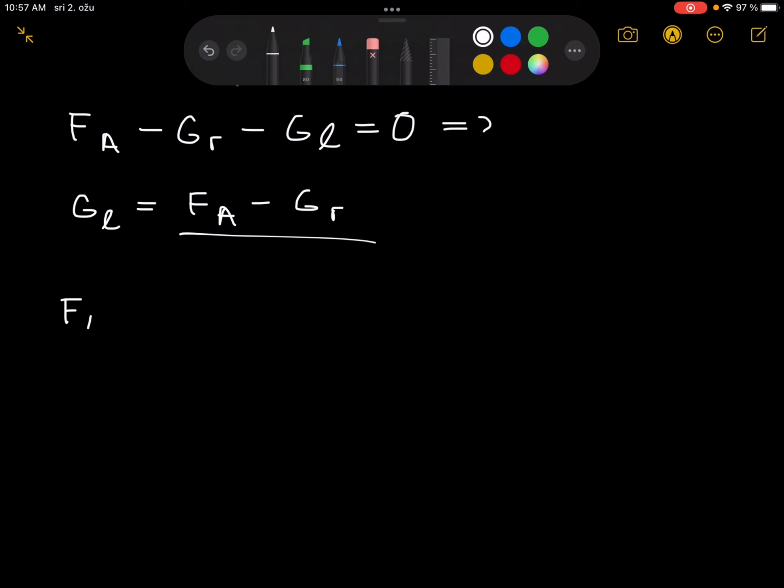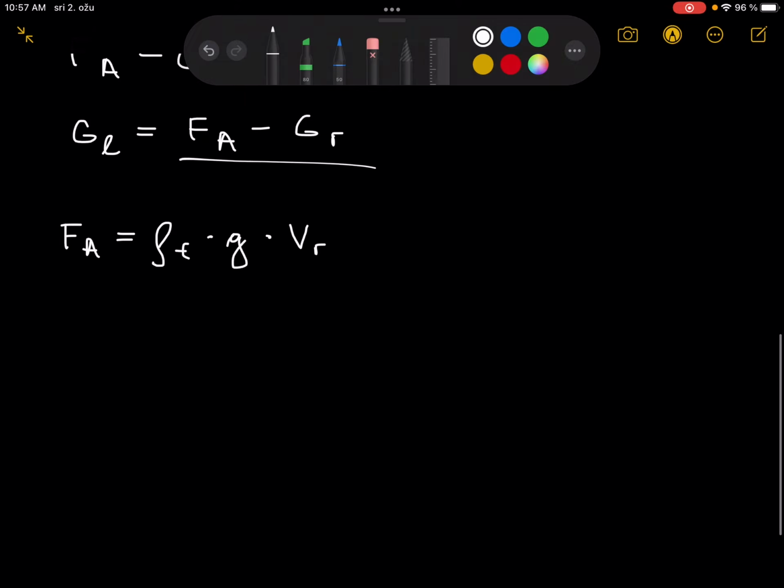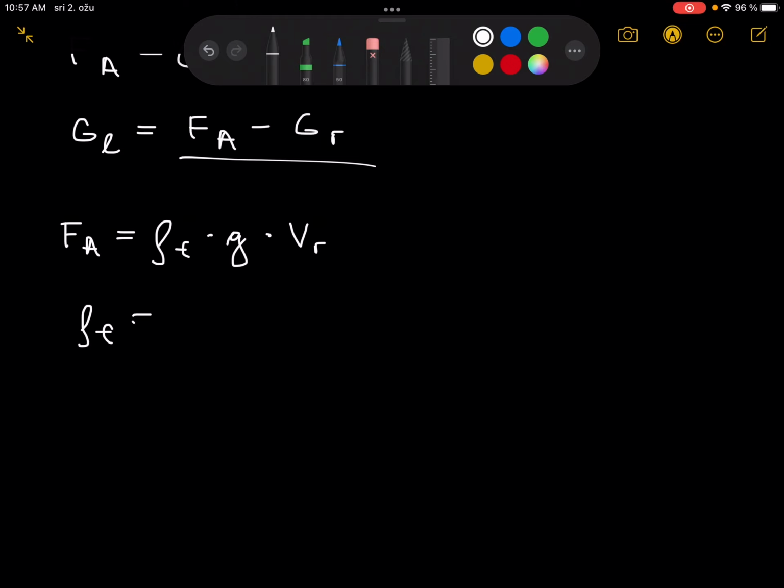Now, how do we calculate these two? Well, first of all, Archimedes' force is equal to the density rho of the fluid times G and times the volume of the submerged body. We'll assume that the entire raft is submerged. Now, the density of the fluid, which in this case is water, is 1000 kilograms per cubic meter.